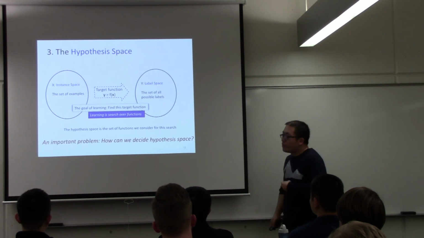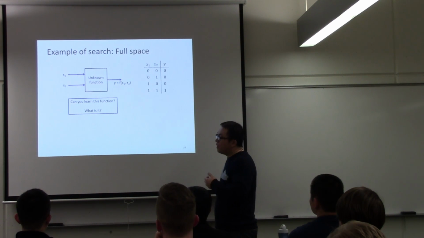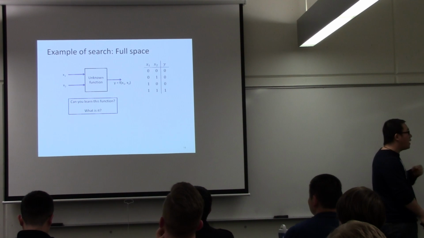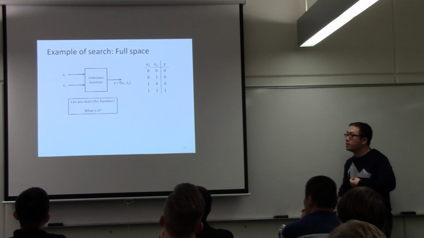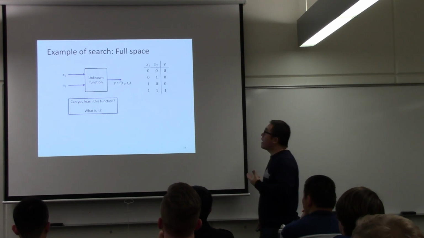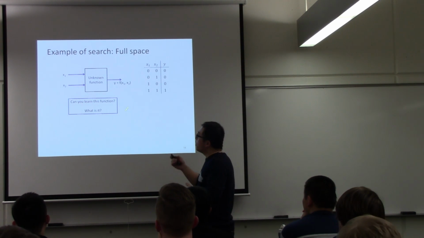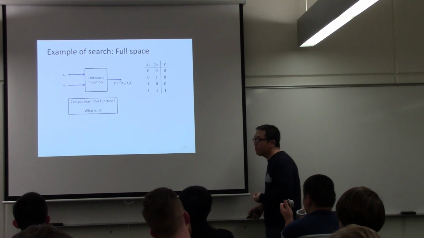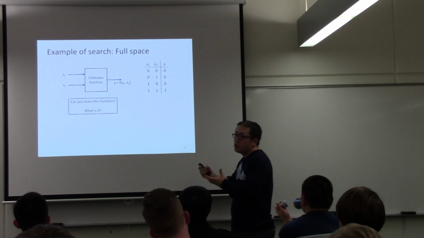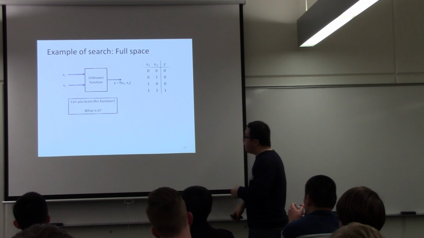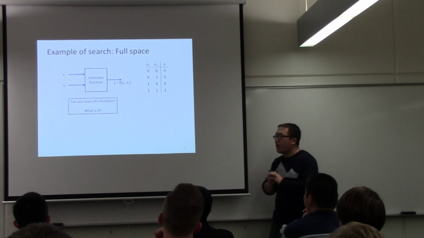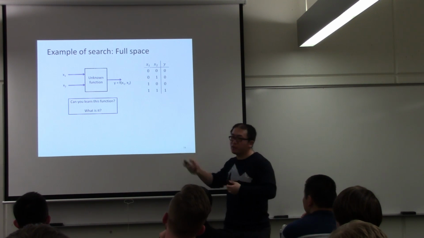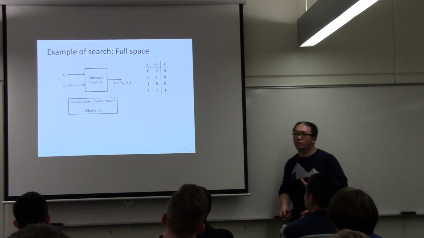To see the importance of this problem, let us try to learn some simple functions by considering different hypothesis spaces. Suppose now our task is to learn a function that consists of 2 binary input variables, and our output is also assumed to be binary. We now consider all possible such functions, that means all possible Boolean functions with 2 binary input variables.